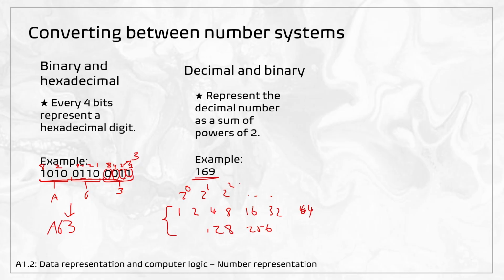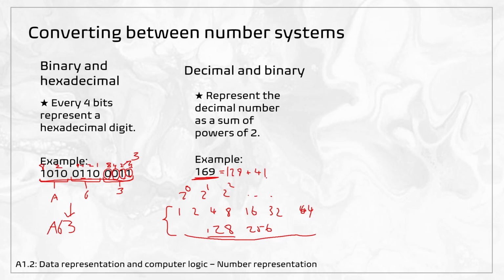So let's do that. First of all, what is the biggest number here that we can subtract from 169 and give a positive value? Well, it's 128 because 256 is too big. So 169 can be represented as 128 plus some value, and 169 minus 128 is just going to be 41.